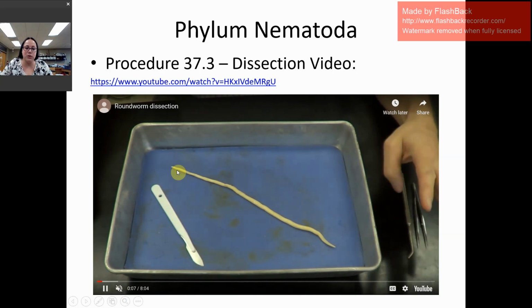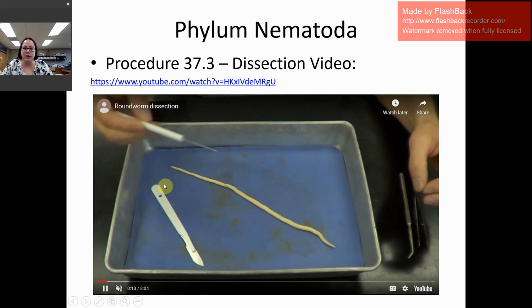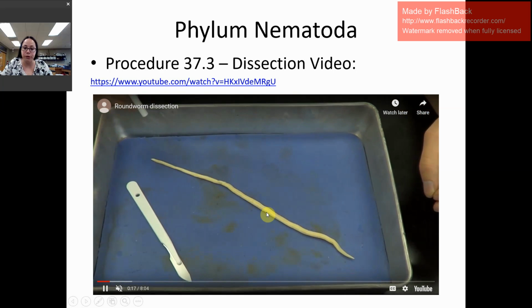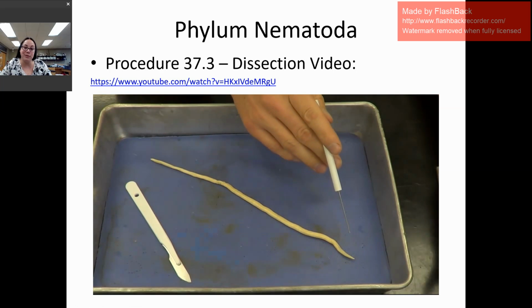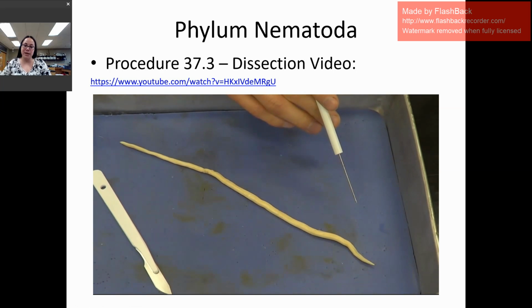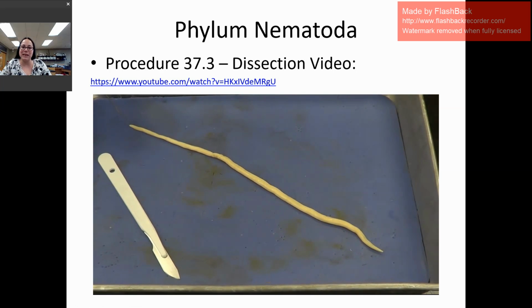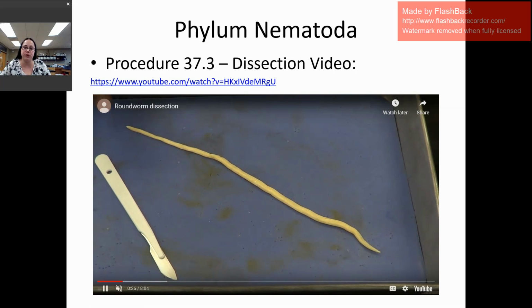You have the anterior part of the body over here and the posterior part over here, and all of the skin is called the cuticle. It's pretty tough and protects them from the digestive enzymes of their host so they don't get attacked, but it's thin enough that they can breathe through their cuticle.